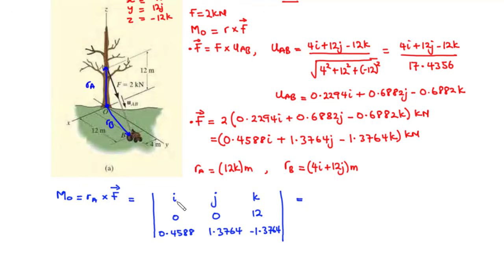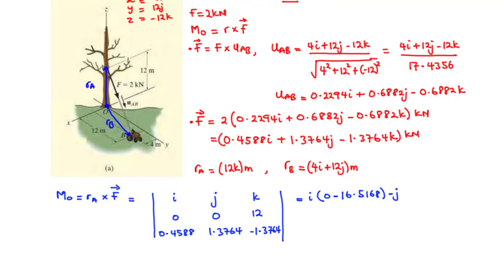Now let's find the determinant of this 3x3 matrix, and that happens to be the moment of the force. First we select i, and then we cross out the row and column containing i, and we are left with 0, 12, 1.3764, negative 1.3764. So we have positive i, and in brackets this value times 0, it becomes 0, minus 1.3764 times 12, which gives 16.5168. Then minus j, because for the determinant it's always plus, minus, plus.